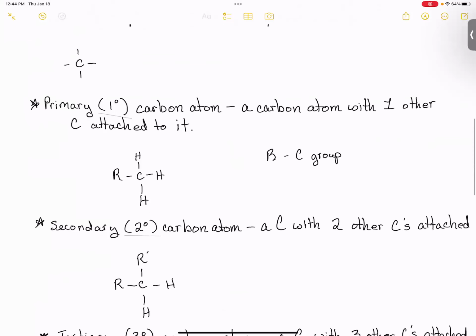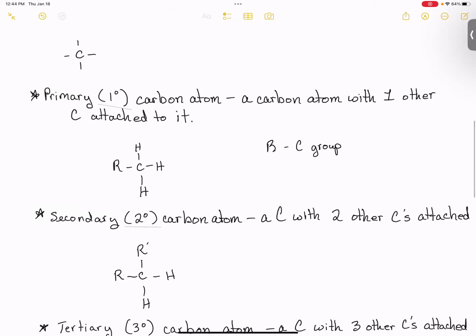A secondary carbon atom will have 2 other carbons attached to it. These carbons could be the same or they could be different. That's why we illustrate it as R and R prime, so that if they're the same, fine, but if they're different carbon attachments, we can indicate that by the prime.